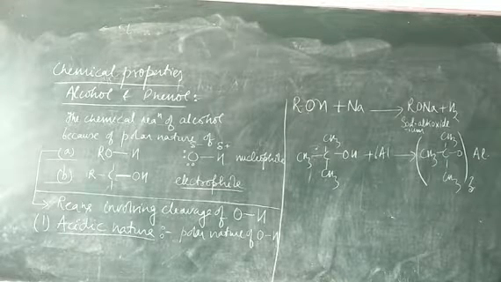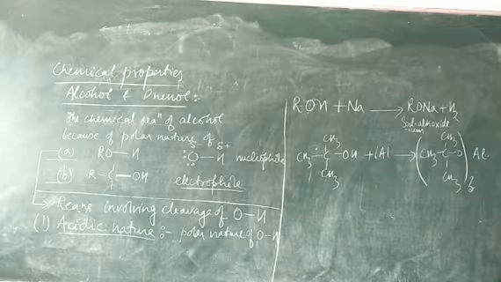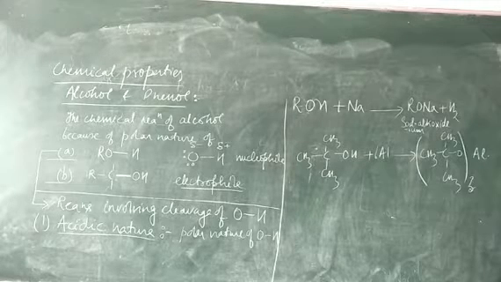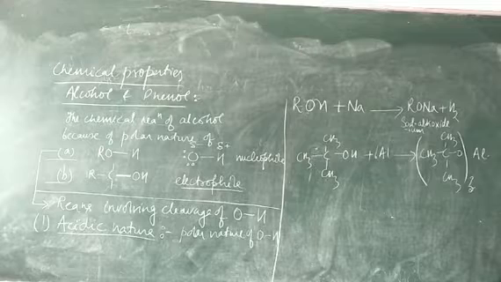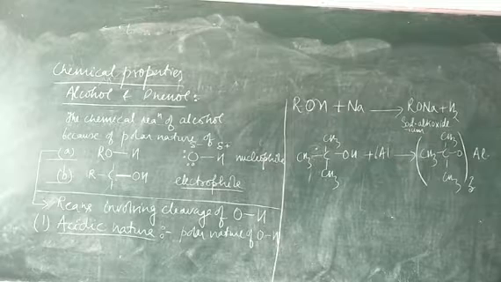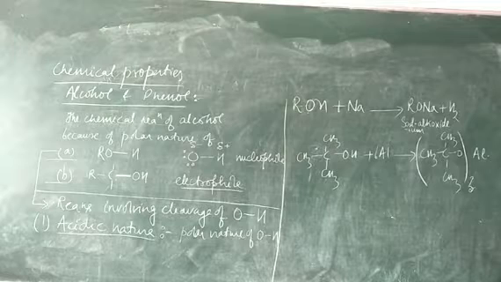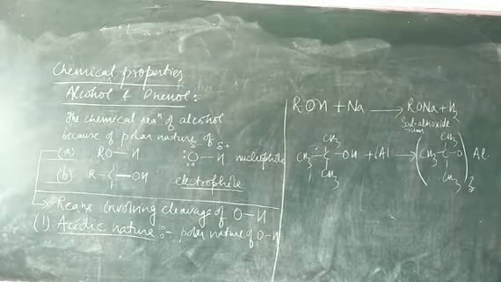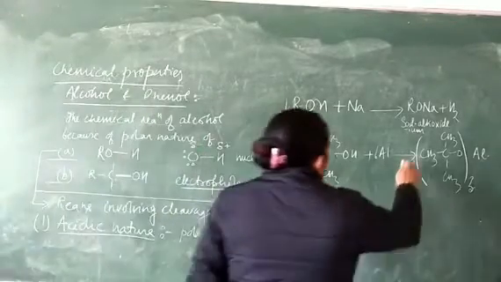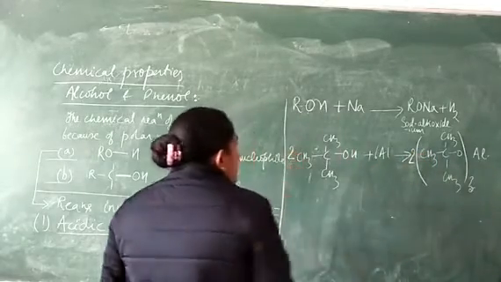This is the tertiary alcohol when it reacts with aluminium. It forms tertiary aluminium alkoxide. So this shows that the alcohol reacts with the metal like sodium or aluminium, and it forms the respective alkoxide. So this is the tertiary alkoxide.